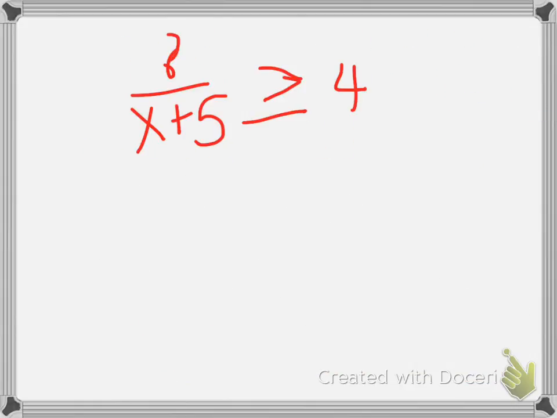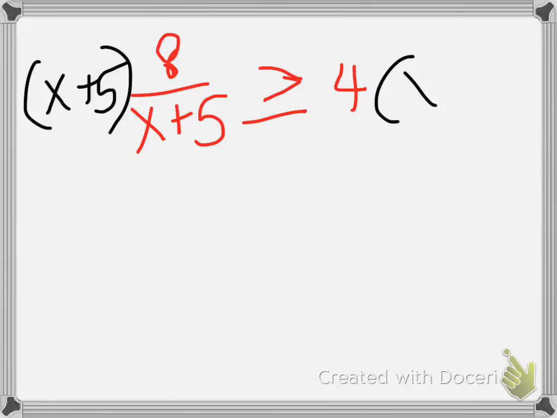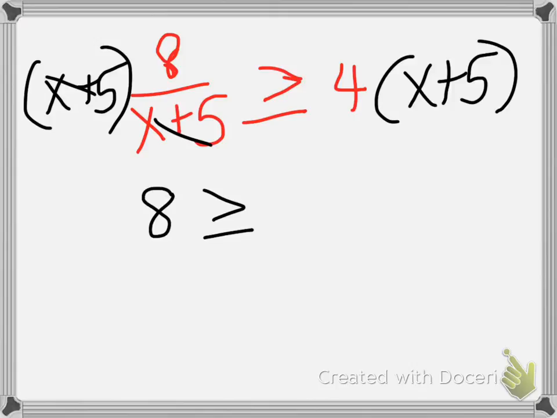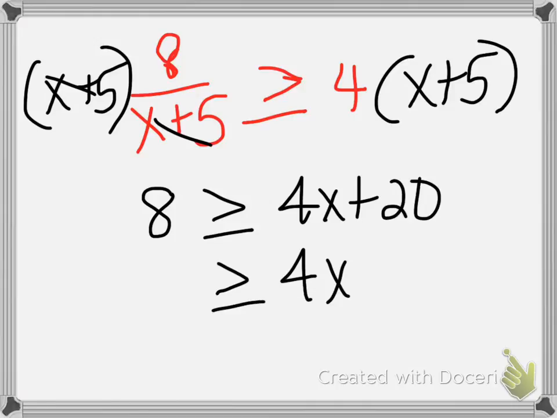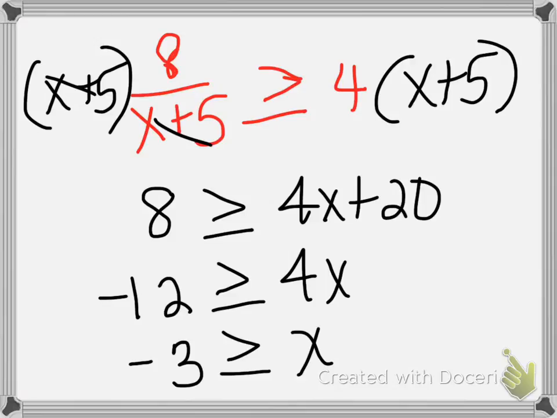We're going to multiply by the LCD just like we did on the last problem, which is the least common denominator of x plus 5. That eliminates it on the left, leaving us with 8 greater than or equal to 4x plus 20. Factor this out, I get 4x and negative 12, and ultimately x is less than or equal to negative 3, which is very similar to the last answer, but the sign is flipped.